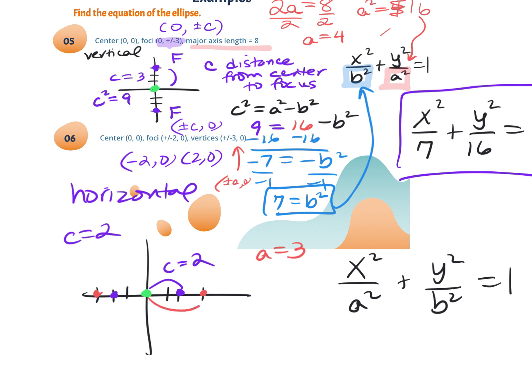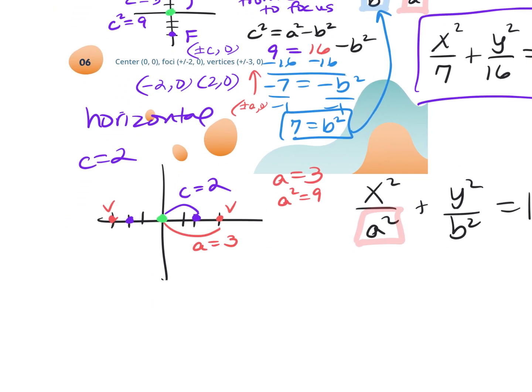The number of spaces the vertex is from the center is your a value, and it's 3 spaces. Now remember, all we're looking to fill in is a squared and b squared. If I square the 3, a squared is 9. I'll be able to put that right here, but I still need to find b squared.